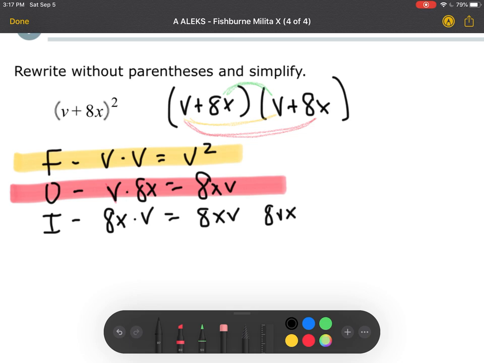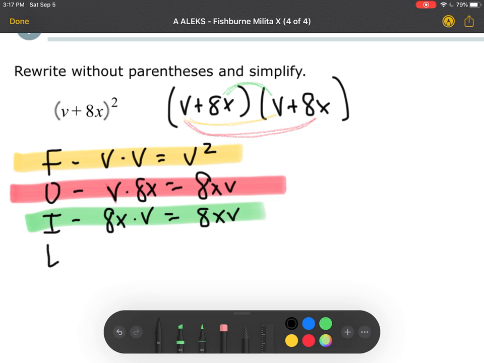If you write it as 8vx, that's fine. Just know that the order doesn't matter. These two things are the same because there is the 8, the x, and the v, even if it's not in the same order. I know someone's going to say it's not the same. It's the same. Don't worry about it. Anyway, moving forward. I did that in green, so I'm going to highlight that in green for y'all.